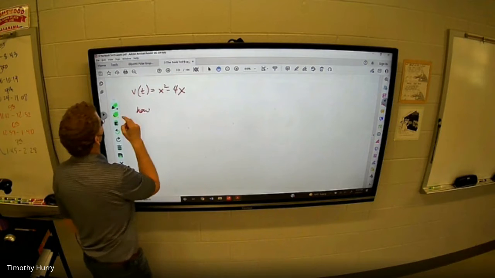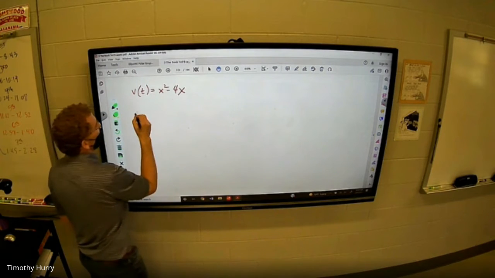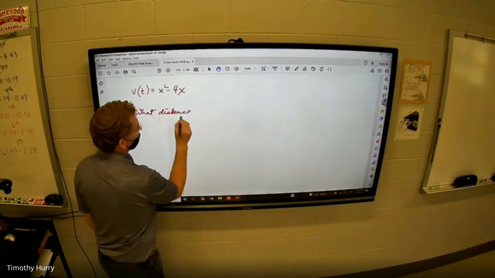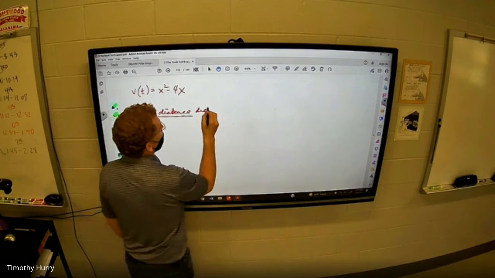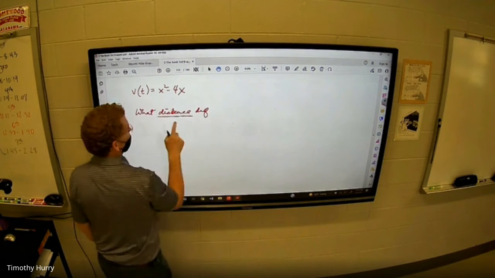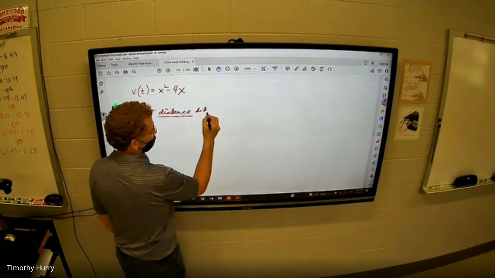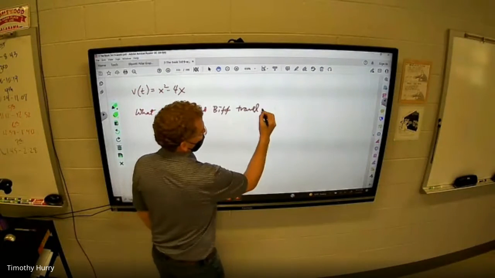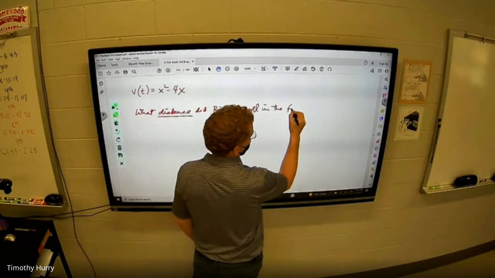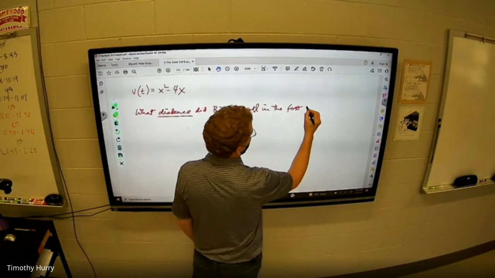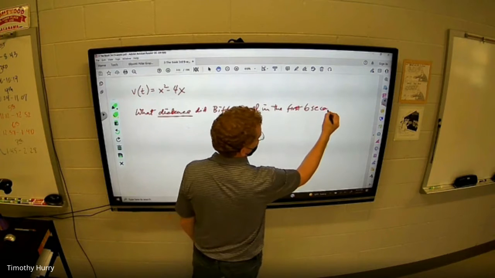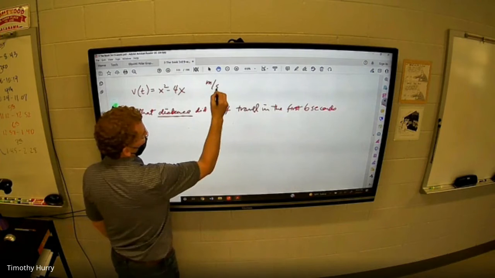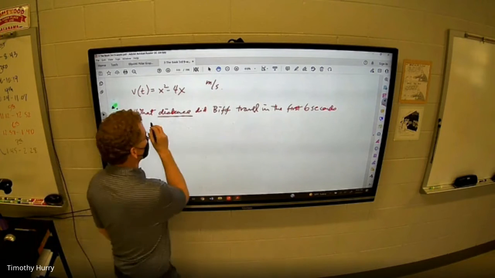They'll say, what distance did Biff travel in the first 6 seconds? If this is his velocity measured in meters per second. What distance did he travel?